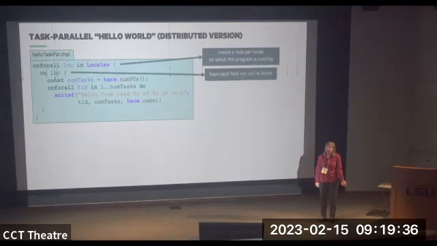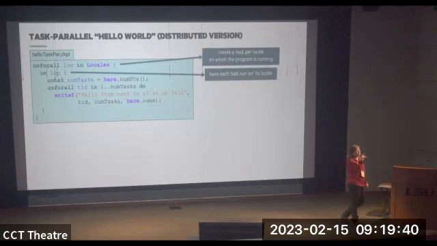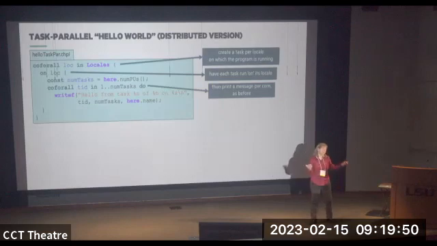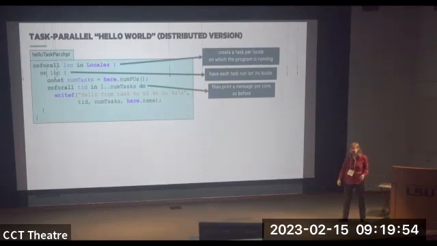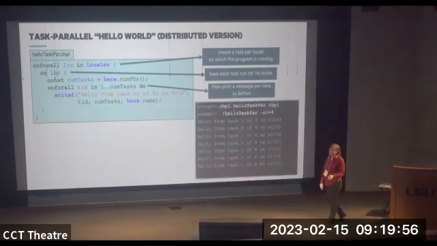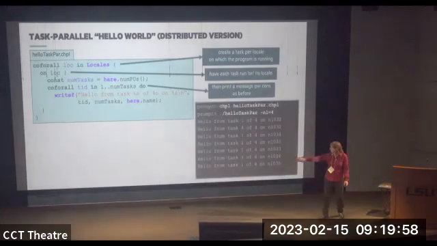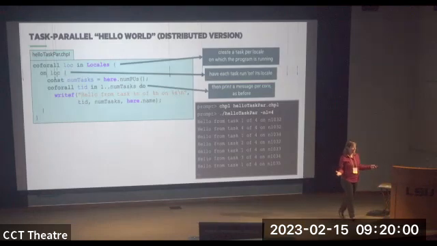But now it's using this on loc block, which is essentially saying, I want this task to be executed on this particular locale. That's how we're mapping tasks to locales. And then inside of that, we can have that nested parallelism where more tasks are being created. So now we've got 16 hellos coming about.